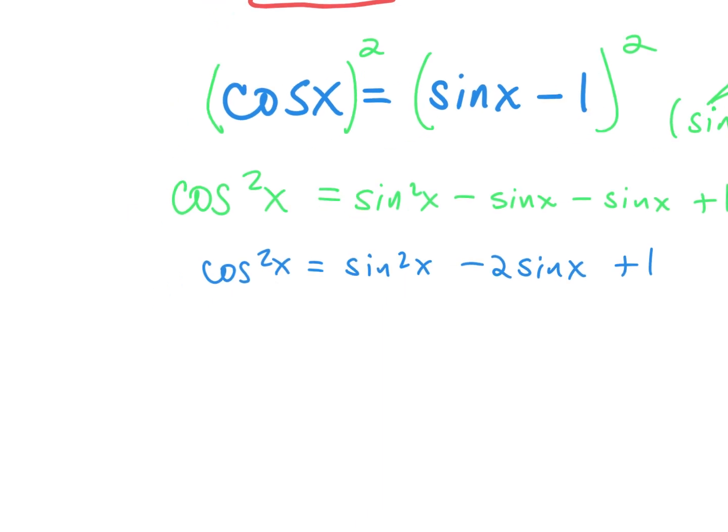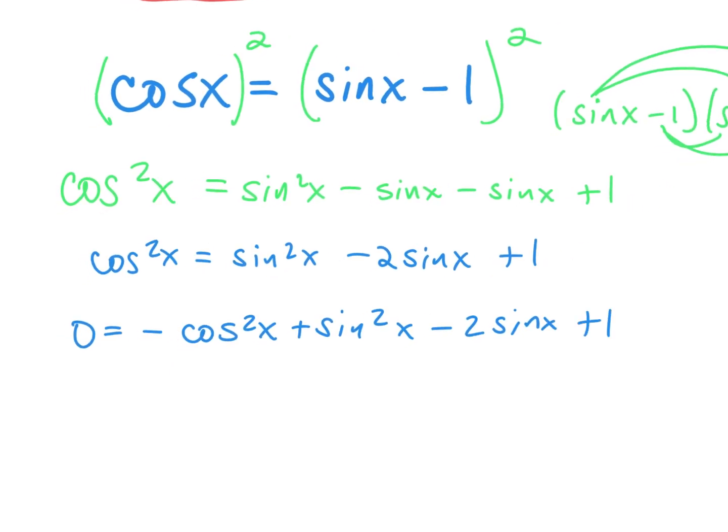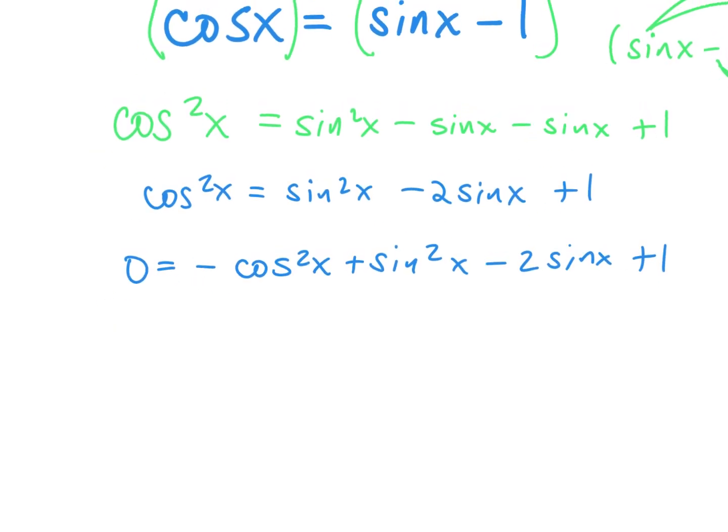Okay, so when we do that, just make sure you're paying attention here. Do you agree with me? This becomes negative cosine squared. Okay? So plus sine squared minus 2 sine x plus 1. What would my next step be? Convert the cosine to the sine. Perfect.